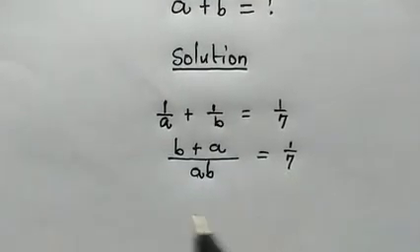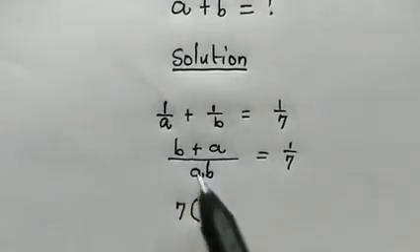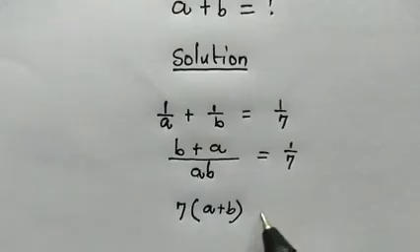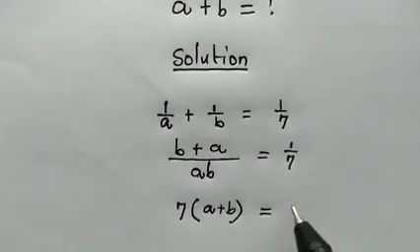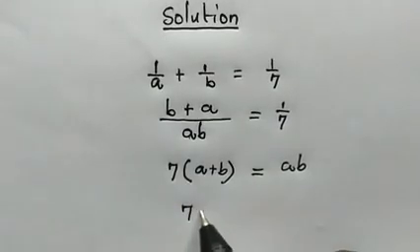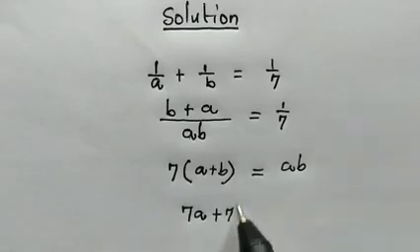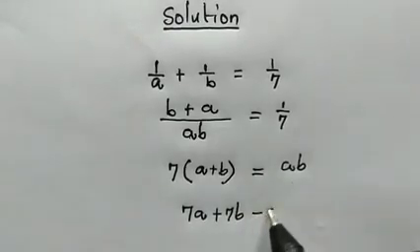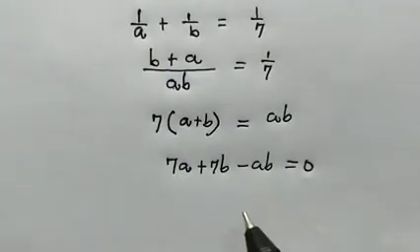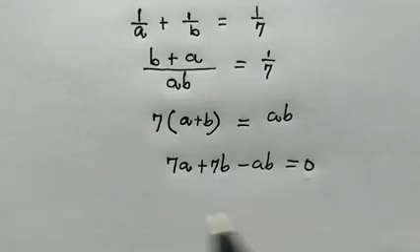Cross multiply: 7 into bracket b plus a, which is the same as a plus b, will be equal to a times b. Open this bracket, we get 7a plus 7b. Then subtract this ab and everything is equal to 0, right? In our next step, let us subtract 49 from both sides.